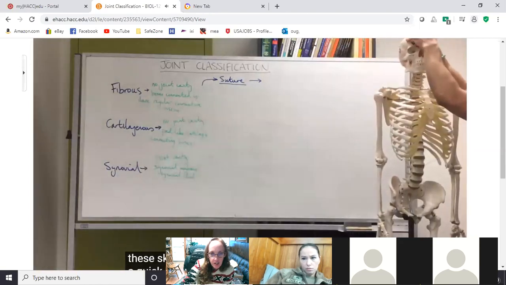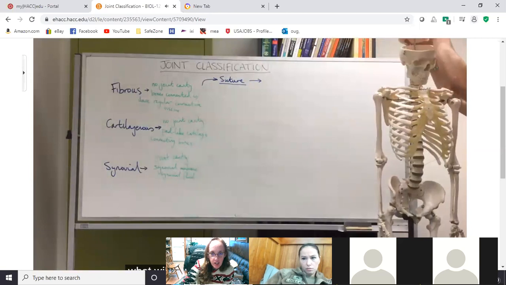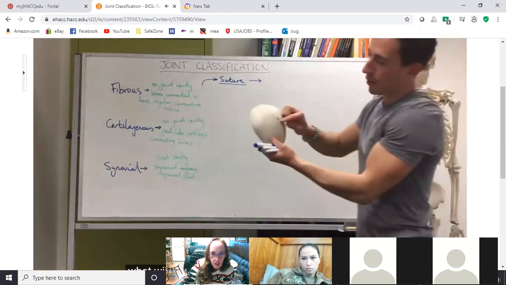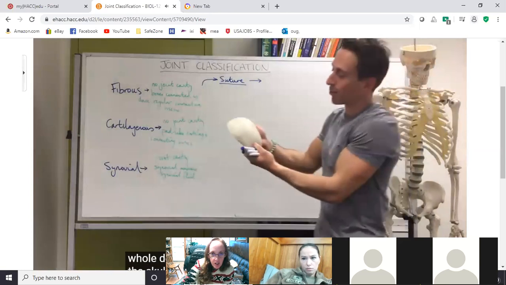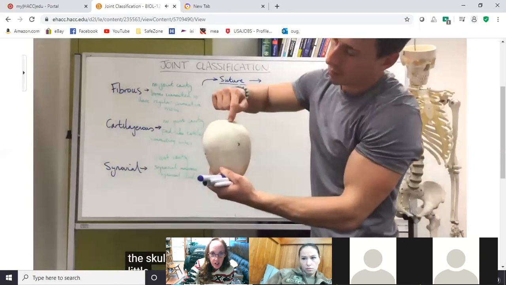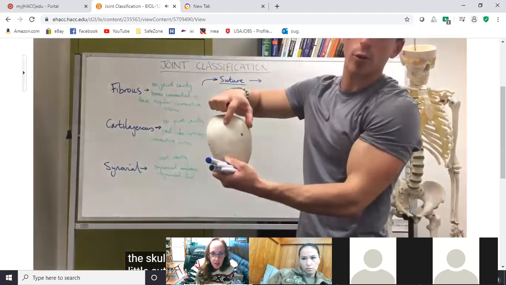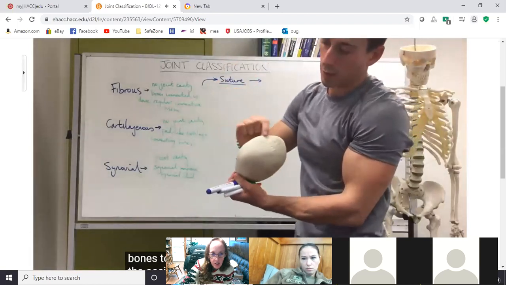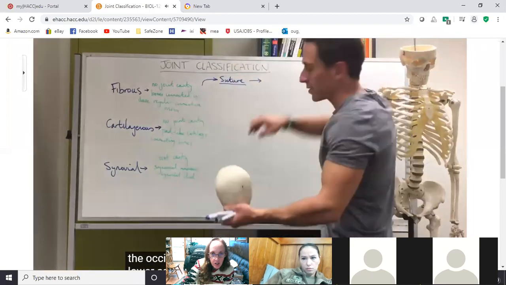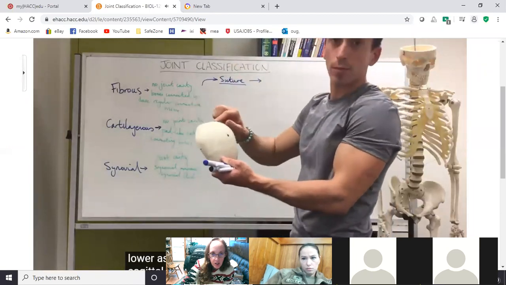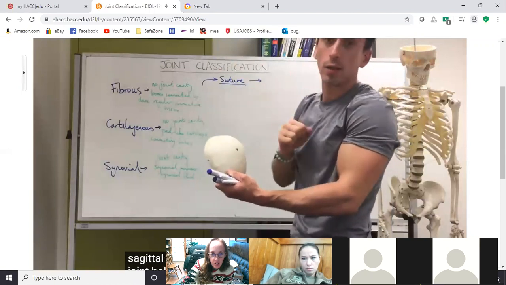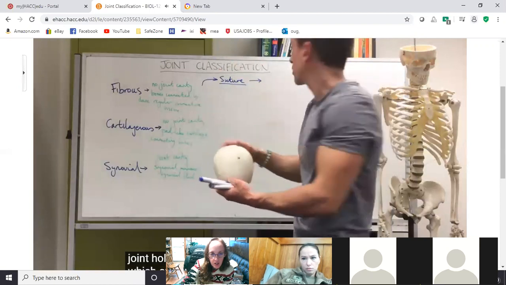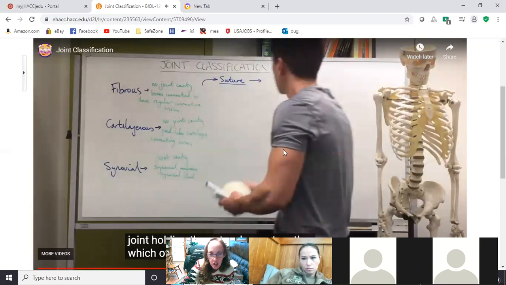If I were to have a quick look at Frank's skull, what we'll find is that apart from the hole that we put in order to hold the skull cap on, you can see a couple of little suture lines holding the parietal bones together and the frontal bone and the occipital bone, which is part of the lower aspect here. This is called the sagittal suture, and this is a fibrous joint holding those two bones together, which is a parietal bone.